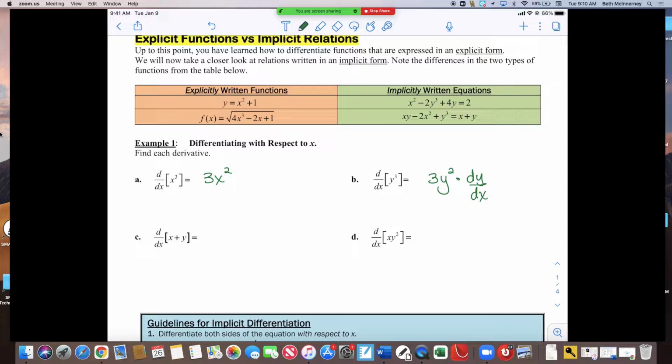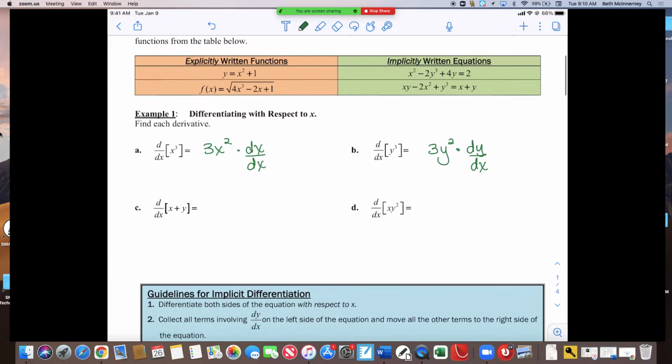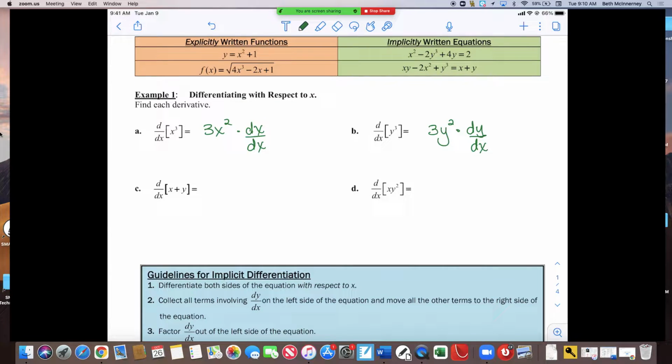And if you think about it, I really could have done that same thing here, take the derivative of x with respect to x, but what's dx dx? It's 1, okay? So then, look at letter C. If I want to find the derivative of x plus y with respect to x, that would be 1 plus dy dx.